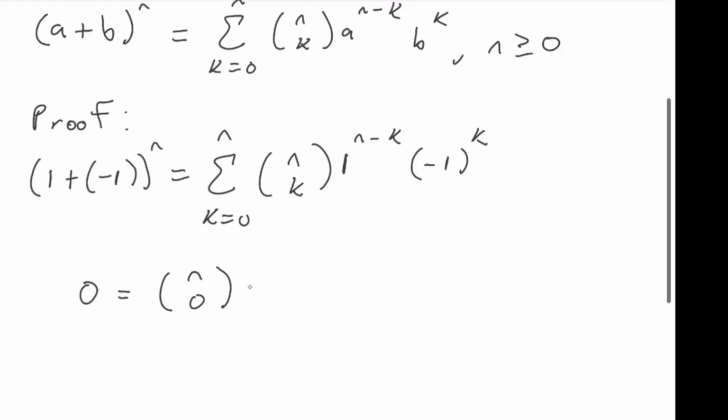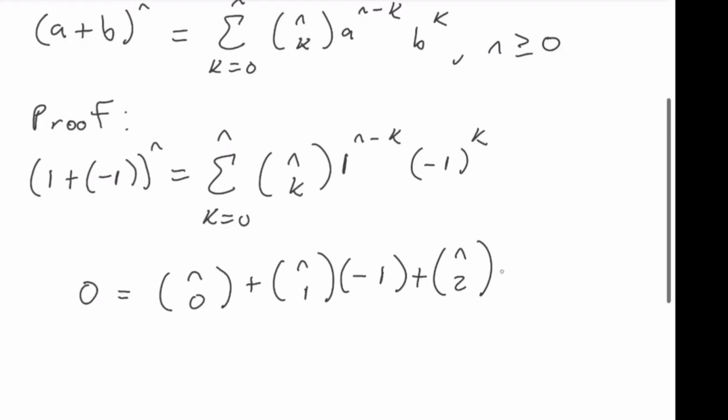And then it's going to be plus, right, because it's the sum. So it's going to be n choose 1, 1 to the n minus 1, which is of course 1, and then times negative 1 to the 1, so that's going to be negative 1, plus, so it's going to be n choose 2, right? 1 to the n minus 2, which is 1.